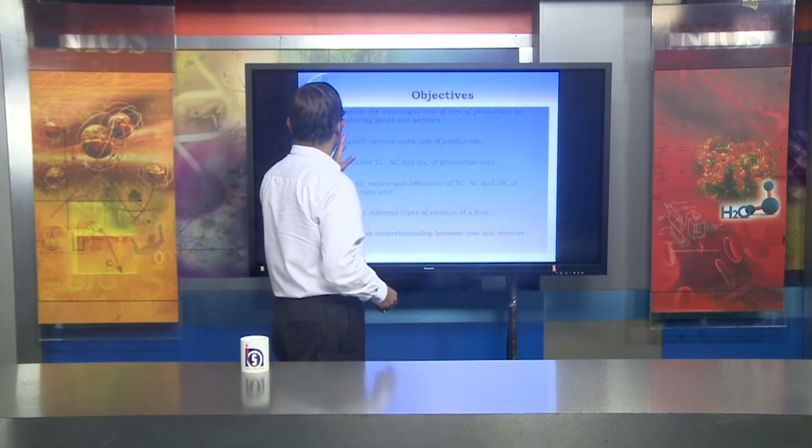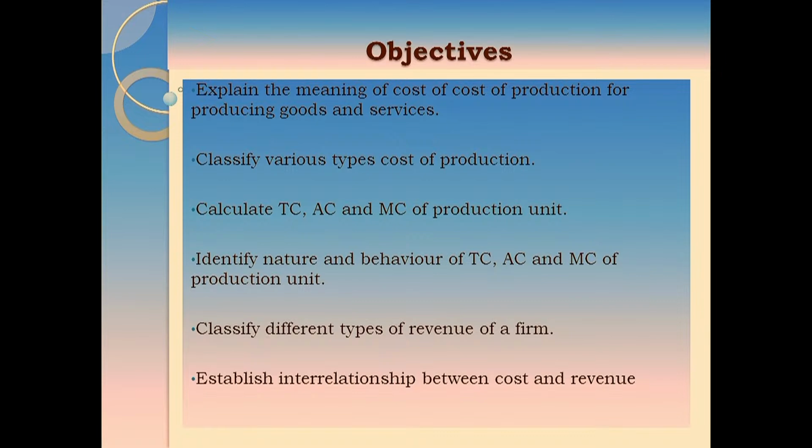First objective, explain the meaning of cost of production for producing goods and services. जब हम इसे पढ़ेंगे, इस टॉपिक को समझेंगे, तो एंड में हमें क्या मिलेगा, क्या पता लगेगा, क्या हम सीख पाएंगे, क्या हमारी जानकारी होगी कि कॉस्ट ऑफ प्रोडक्शन की स्टडी जो है वो गुड्स एंड सर्विसेज के लिए इंपॉर्टेंट रोल प्ले करता है.